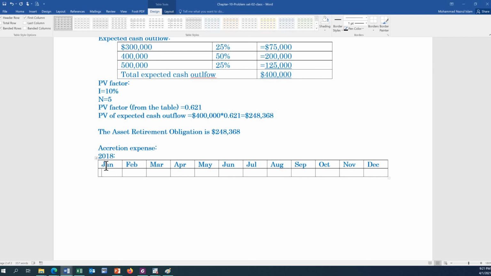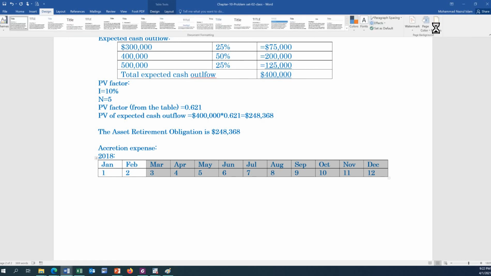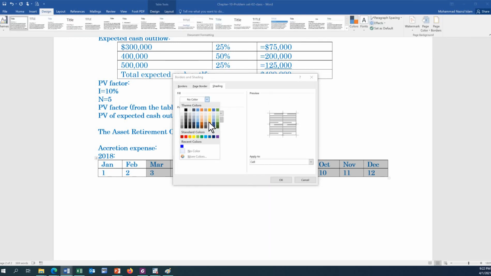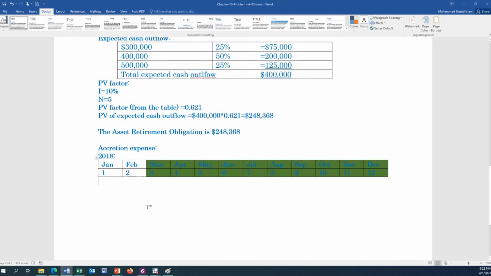Out of 12 months we started the project from here, so let's put a shading over here. How many months? 10 months, correct? So a total of 10 months in 2018.